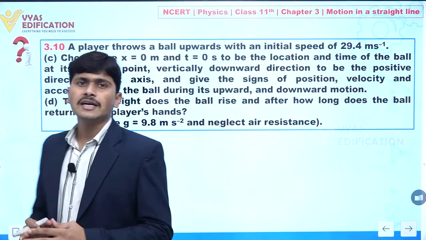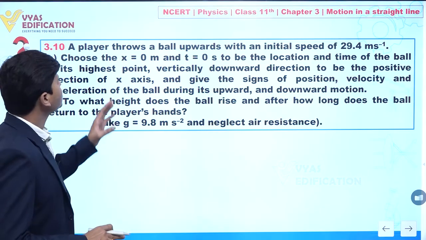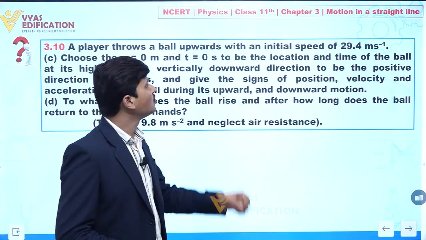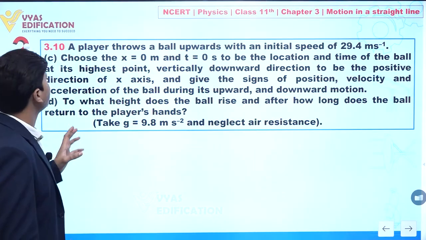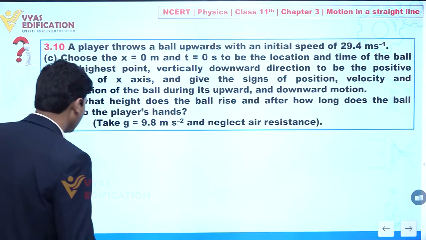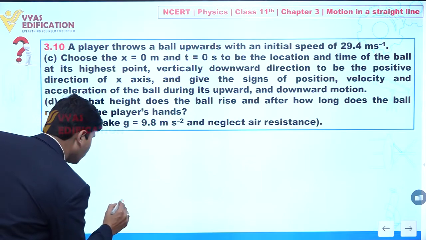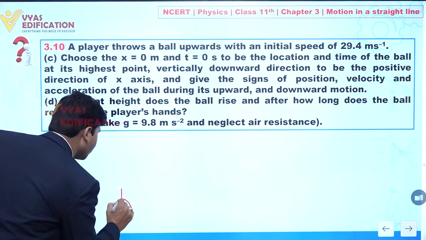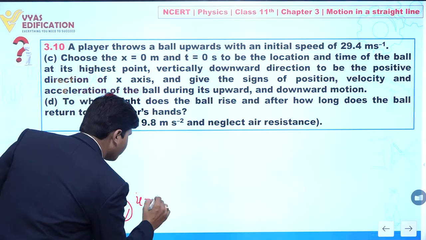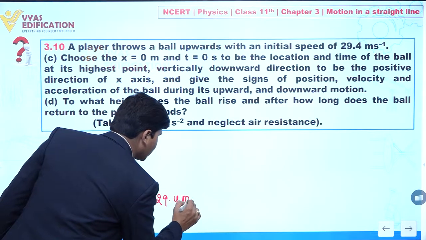Now if we concentrate on part C, we choose x equal to 0 and t equal to 0 to be the location and time when the ball is at the highest point. Actually we are throwing a ball in a vertically upward direction with speed u equal to 29.4 meter per second.